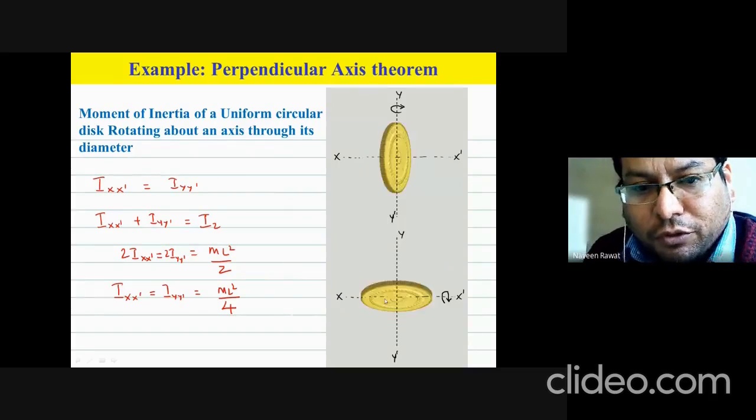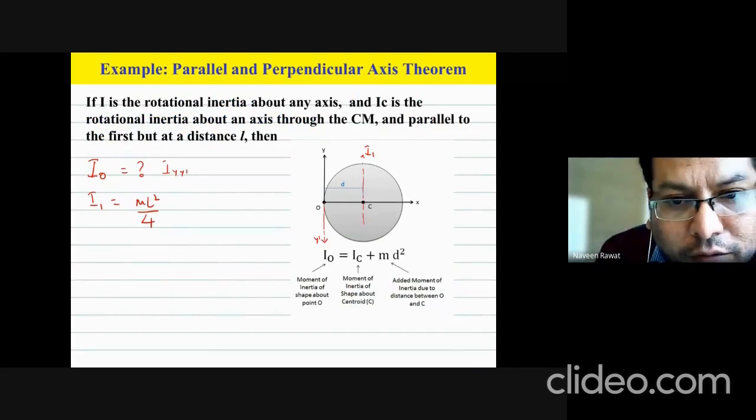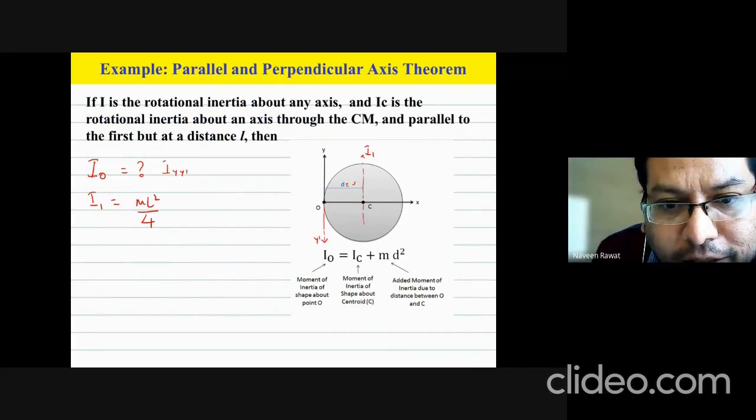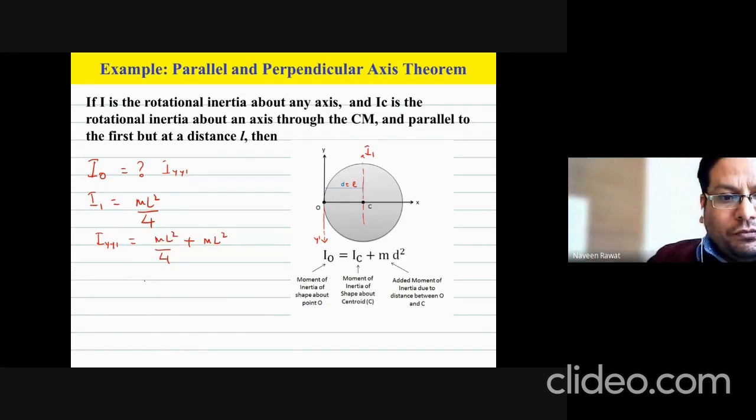Okay, so that will mean that my value of b is nothing but L only. Okay, so I of y prime will be ml square by 4 plus ml square. Okay, so taking the LCM, my value will be 5 by 4 ml square. Okay, or L, or you can write D. L is the same as D or R or whatever.